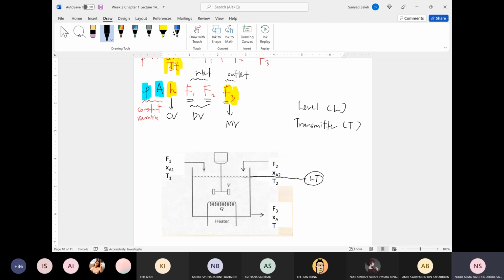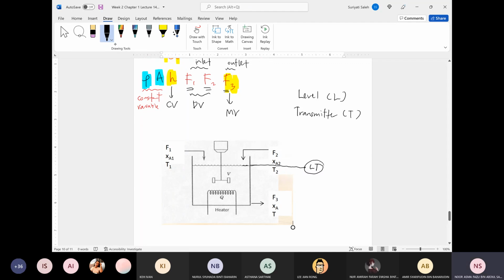What is the current height of your liquid solution in the tank? That is the function of the LT, level transmitter. And then, based on the LT, you have this dashed line connected with the LC. C is for controller.